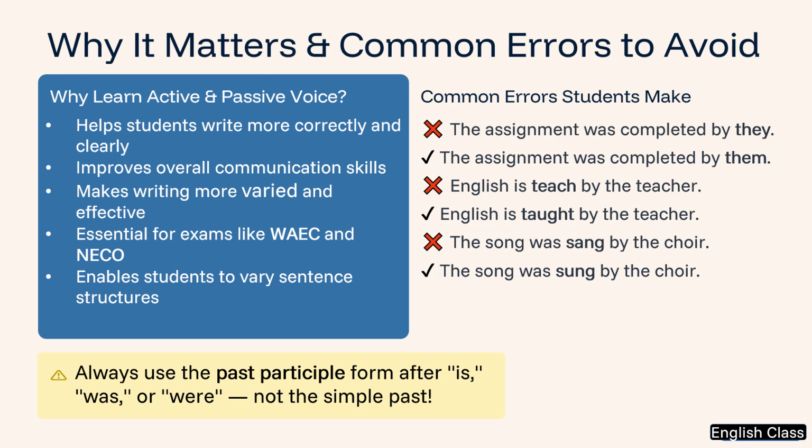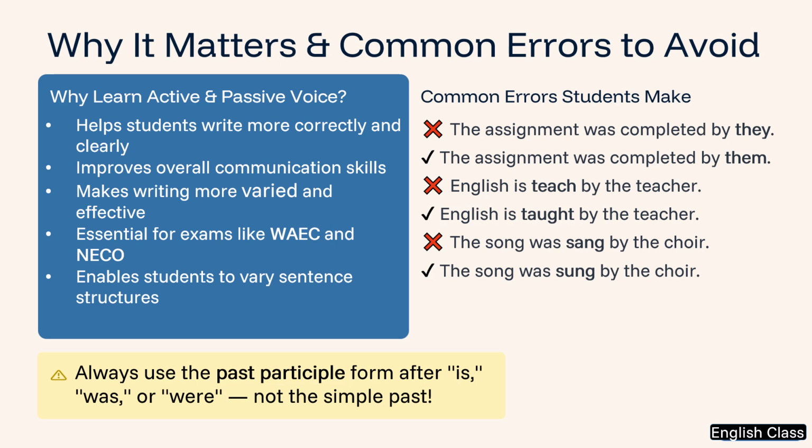But when it comes to passive voice, what you expect to have is the song was sung, because the verb must become past participle, and the past participle of sang is sung. And so the song was sung by the choir. I hope you get it right. Always use the past participle form after is, was, or were, not the simple past.